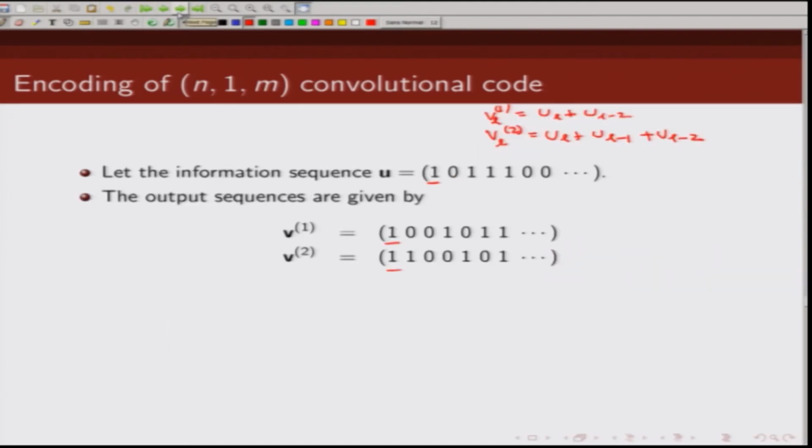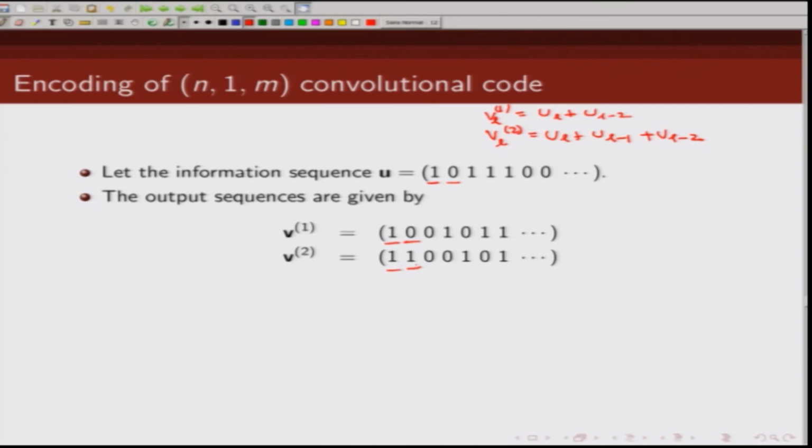Now, the next input is 0. So, what is the next output? This is 0 and UL minus 2 is 0, so this will be 0. You can see this is 0. What about this? Now, UL is 0, UL minus 1 is 1 and UL minus 2 is 0. So, 0 plus 1 plus 0, that will be 1, and that is given by this.